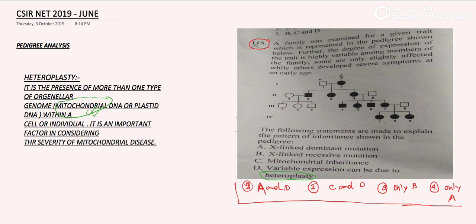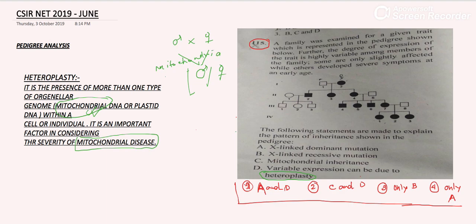So they are telling us it may be a mitochondrial disease. I want to say one thing: if a male and female cross and give birth to a child, either male or female, the mitochondria come from the mother, not from the father.